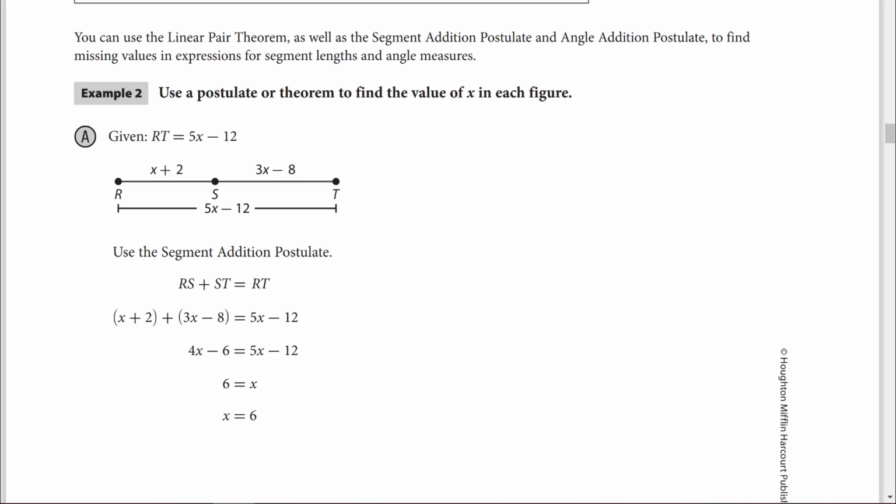example 2, part A. They gave us that RT equals 5x minus 12. So that was given information. The other thing, just by the diagram, that we can prove is that RS and ST will add together to make that longer segment RT.